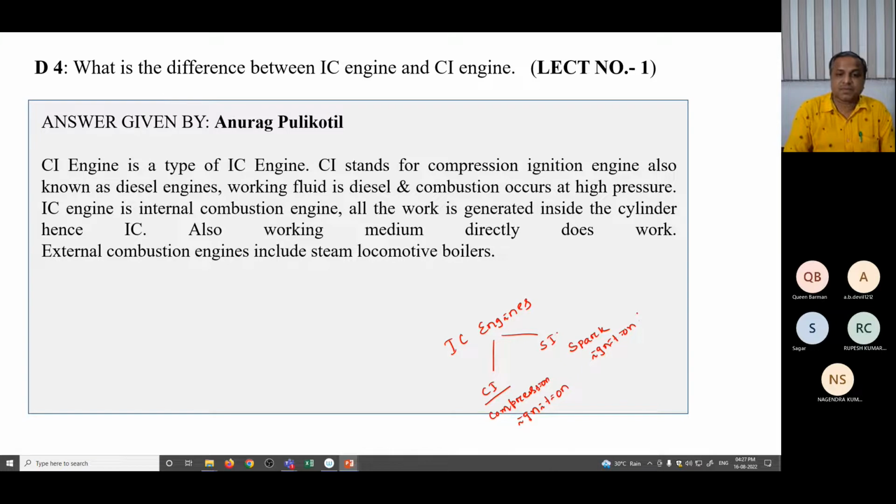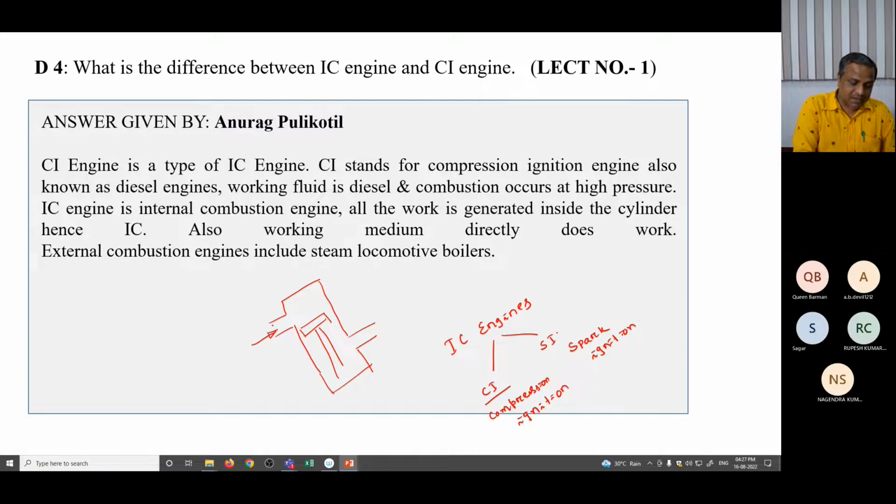The basic difference between these 2 engines is the way energy is released from the fuel to produce power. If you grossly look at an IC engine, we have some piston cylinder arrangement.